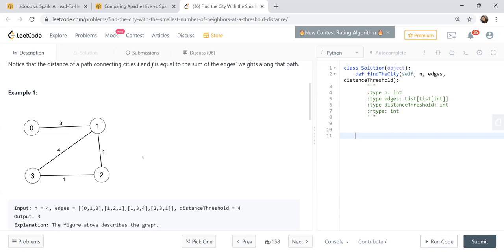And one more thing, this is an undirected graph. So if we are going from 0 to 1, the 1 to 0 is also included. So basically, with this first approach of Dijkstra, we start from every node and get the same thing mentioned in the example. If you go a little bit down, yeah.